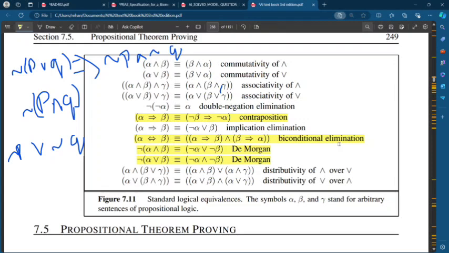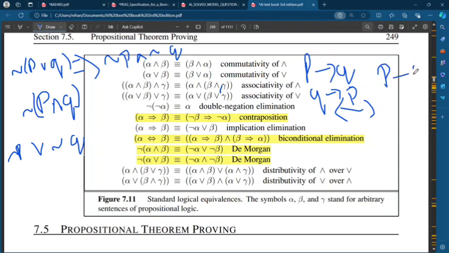Biconditional elimination is nothing but the two-sided one. Basically, it says if you have a proposition like P implies Q, and you also have Q implies P, then you can simply write it as P biconditional Q. That is nothing but your double implication elimination.